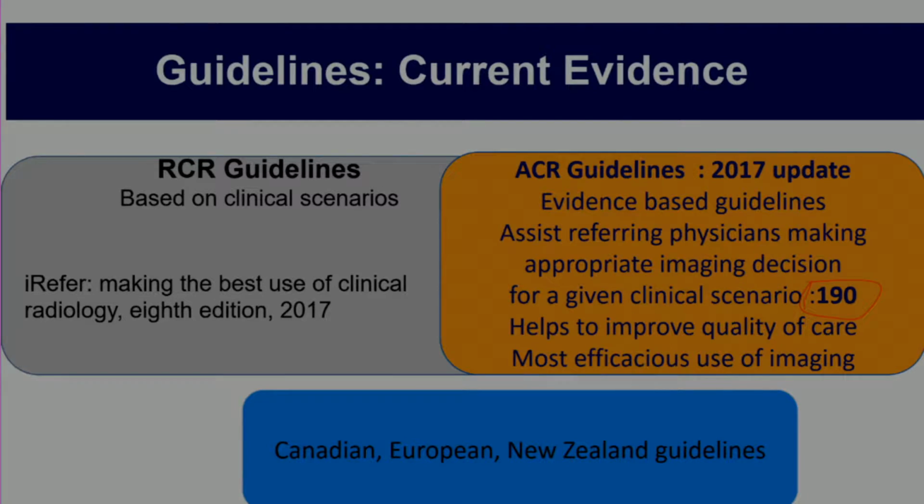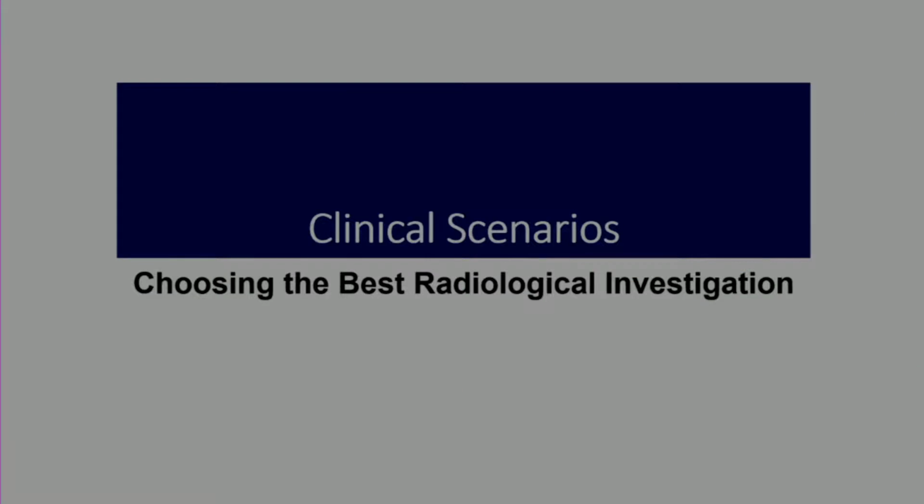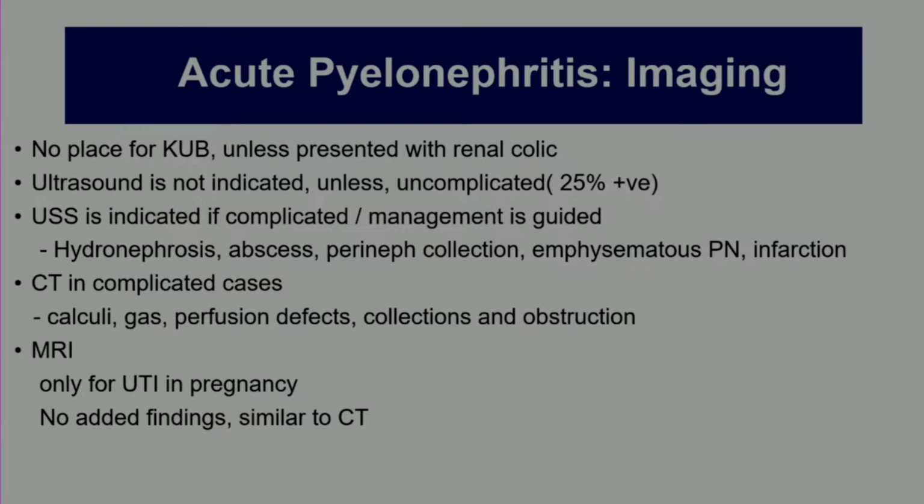Similarly, the Royal College of Radiology, but it is difficult to access because it is only open for their members. And you have Canadian, European, New Zealand, so you name it, they will have their own guidelines. Then I will take you through a few clinical scenarios because I can't go through 190 clinical scenarios.